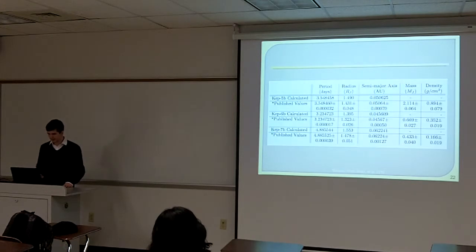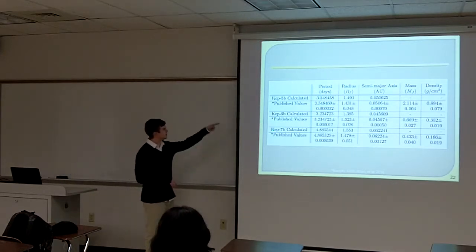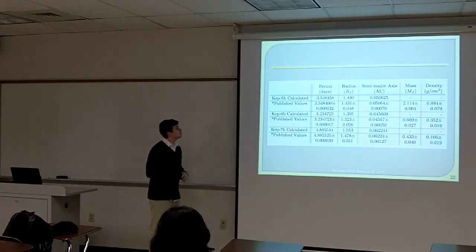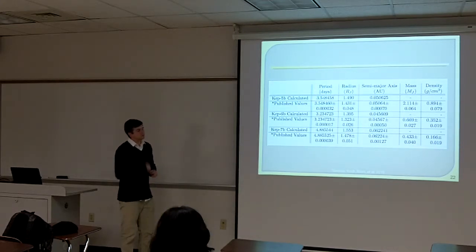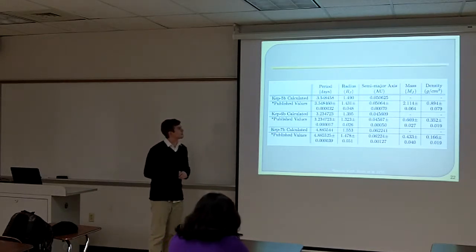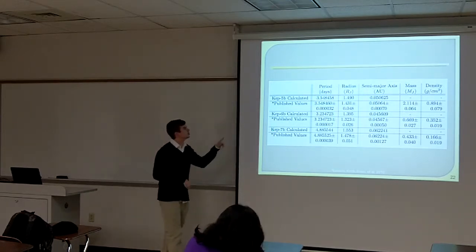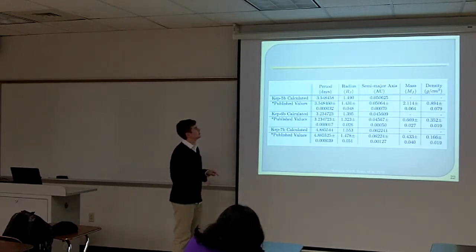And as we'll see here, I ended up analyzing data for Kepler 5b, 6b, and 7b, comparing them with the published results. A few things here. We noticed that my data actually came quite close in almost all situations to the published values for these three things: period, radius, semi-major axis.